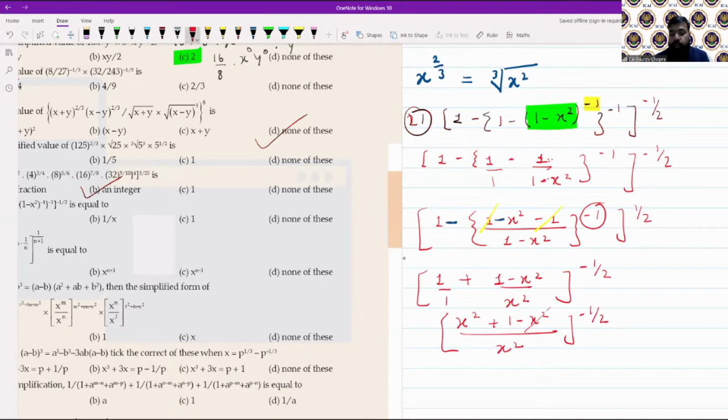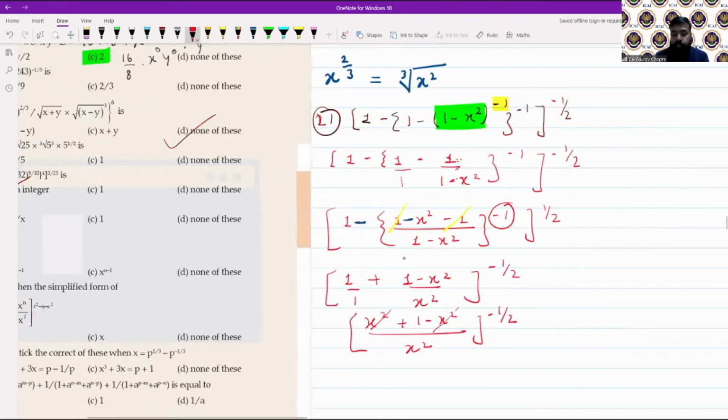So x square and x square will get cancelled. We can do the reciprocal, x square and then power is half, or like we can write 1 upon x square to the power of minus half.